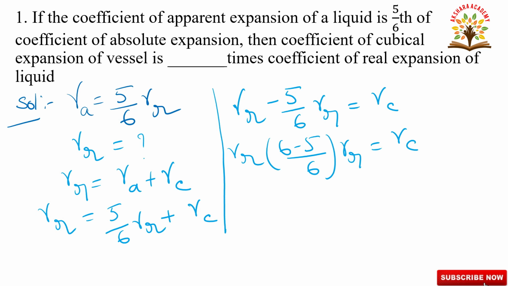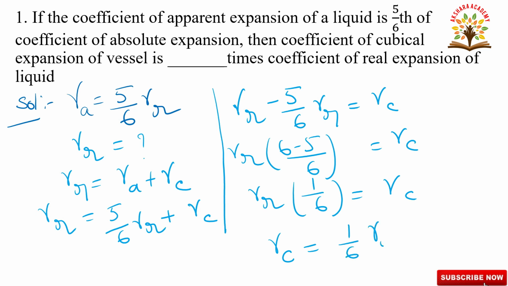So 1/6 of gamma R is equal to gamma C. So gamma C is equal to 1/6 of gamma R. This is the final answer. So coefficient of cubical expansion of vessel is 1/6 times coefficient of real expansion of liquid.